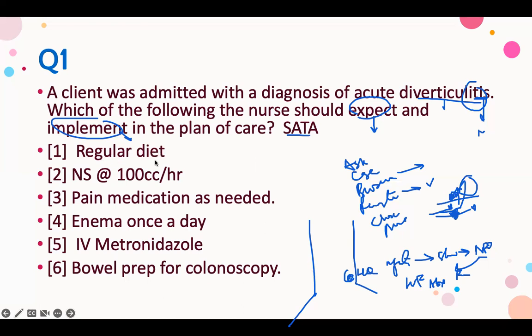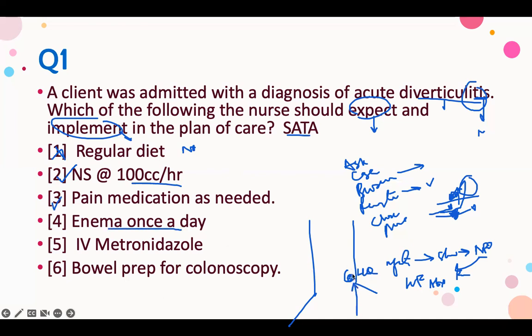Regular diet, negative. NPO, that's the thing. Normal saline at 100 cc. Well, we give him fluid, so this is good. Pain medication as needed. Patient has itis, inflammation, yeah, pain. Enema once a day. No, we cannot do any enema.